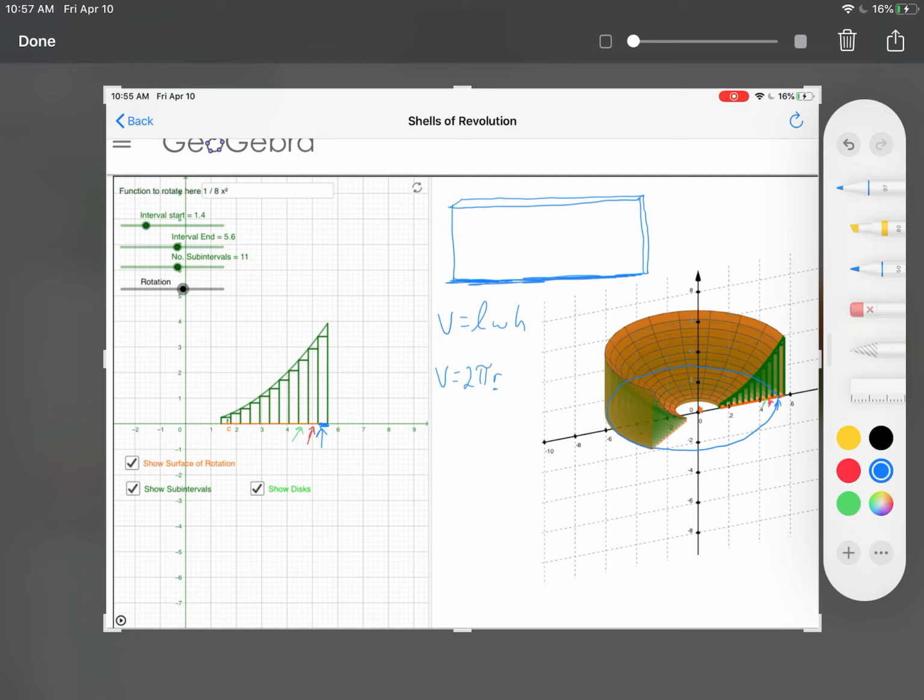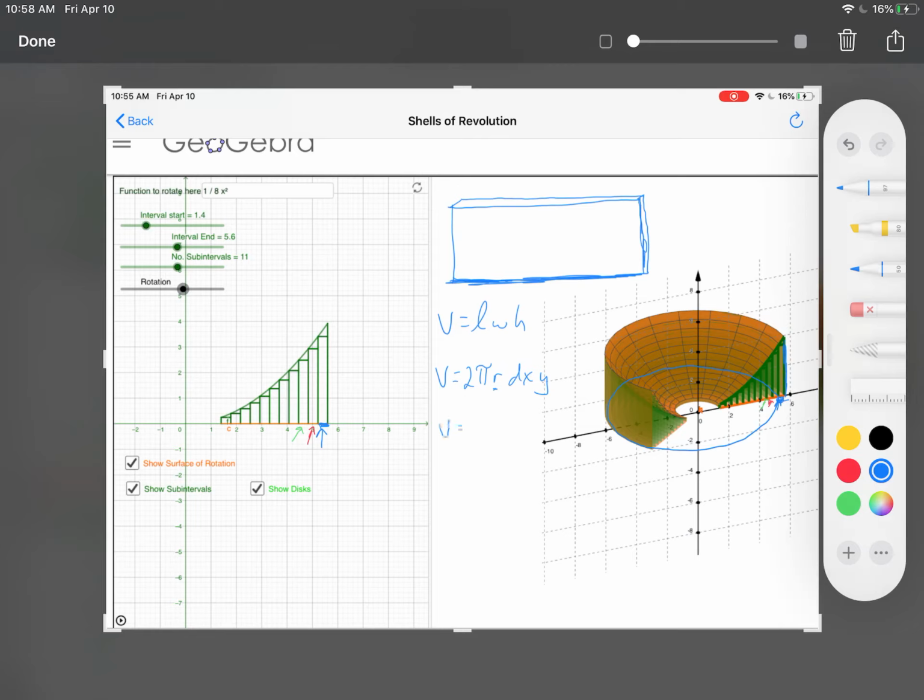Then the width of this is just the change in x value, so that's going to be dx. And the height is the height of the function at that spot, which is the y value.